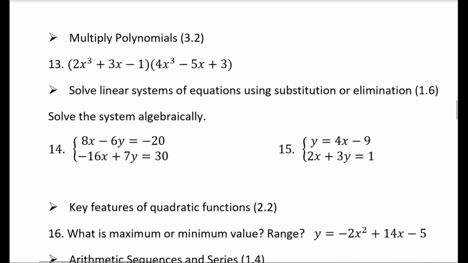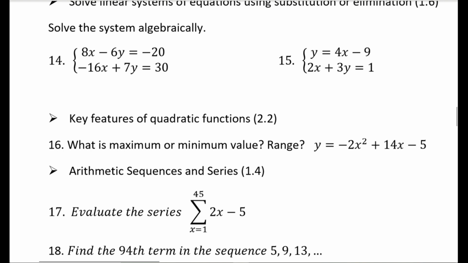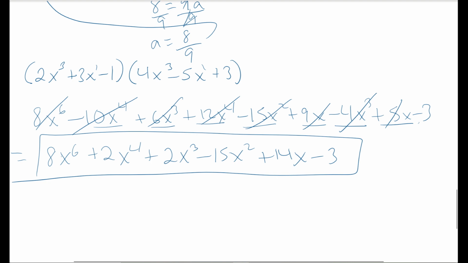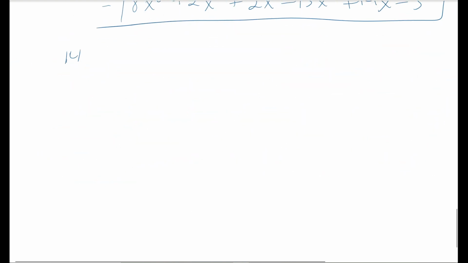All right. Let's move on to number 14, which is solving the system algebraically. So we want to solve this using either elimination or substitution. All right, so 14, let's write out the system.